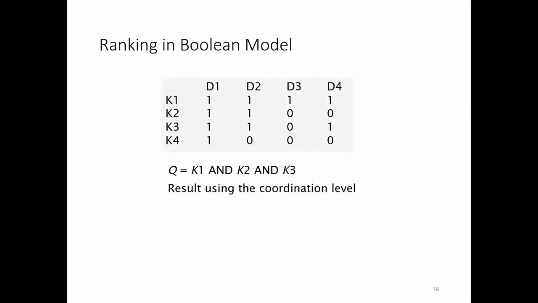So here is an example. Let us say that we have 4 documents, D1 to D4, and there are 4 keywords or indexing terms, K1 to K4, and the term document matrix is as shown. All right. So suppose we give a query saying we look for documents that have K1 and K2 and K3.